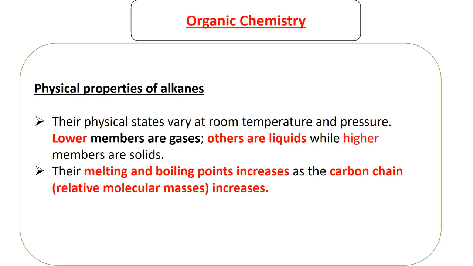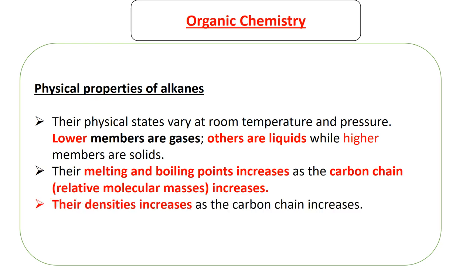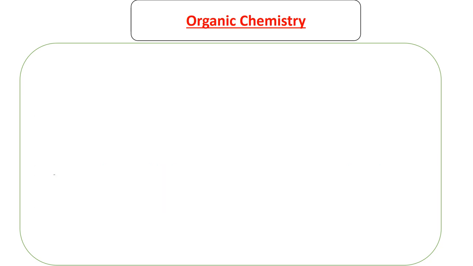Their melting and boiling points increase as the carbon chain increases. Something that you should expect on a trend that gets more solid when the number of carbon atoms increases. So we expect the melting point and boiling point to increase as the carbon chain increases. Their densities also increase as the carbon chain increases.